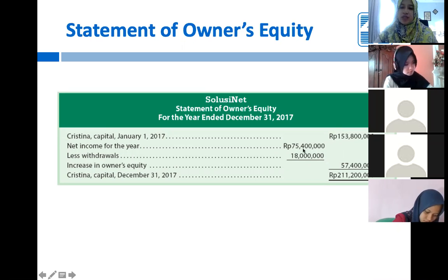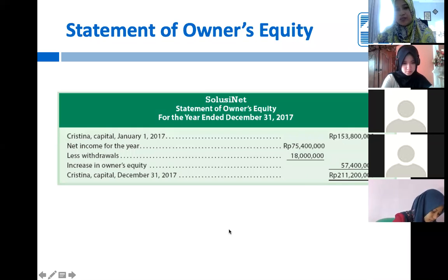Let's say this amount gives us a negative, so it will give us the decrease in owner's equity. And then lastly, the ending balance of the capital, after adding the opening capital plus the increase in owner's equity.